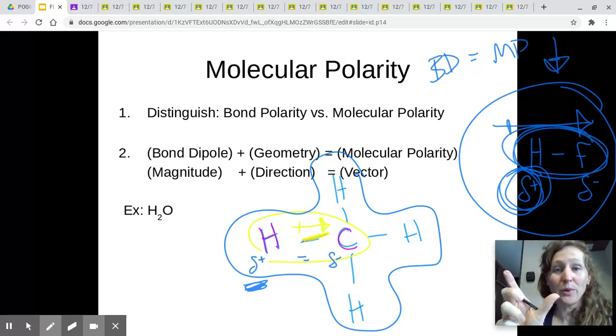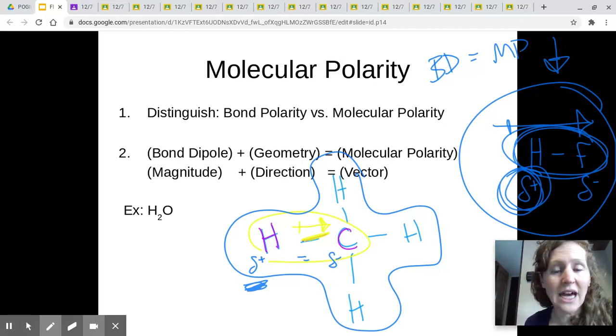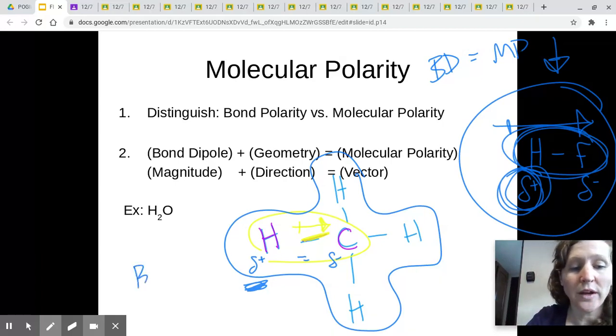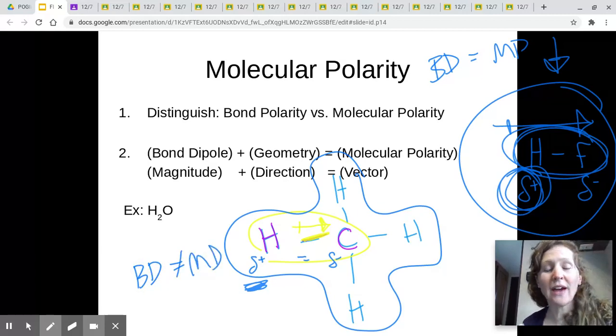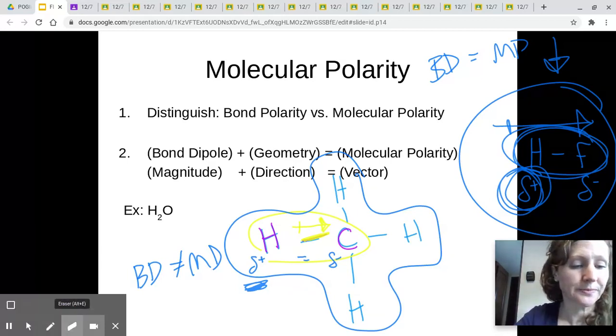The bond dipole is the entire molecule. In the case of methane, however, that's not true. One bond dipole does not represent the whole molecule. And so we have to look at a couple other factors to figure out if the molecule is polar or not when there's more than one bond.